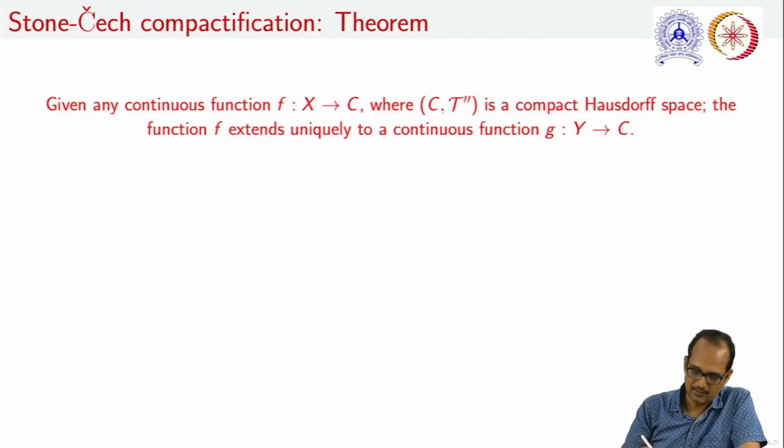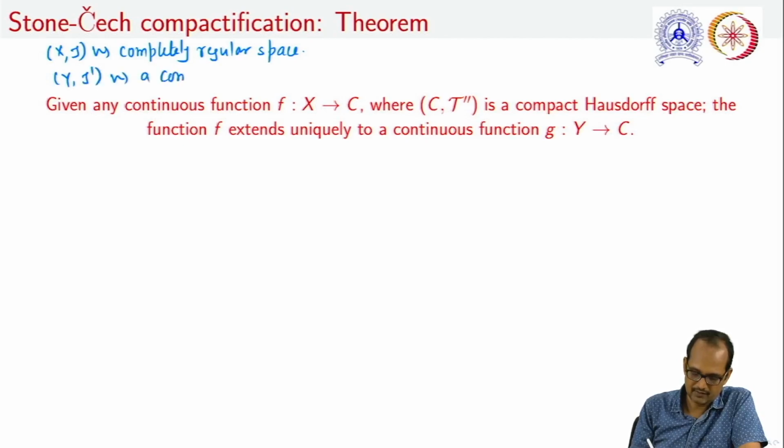So begin with a completely regular space. Let us take X, tau. This is a completely regular space, and let us assume that this is Y, tau dash, a compactification, as we have discussed in the previous theorem, that we call the Stone-Cech compactification.